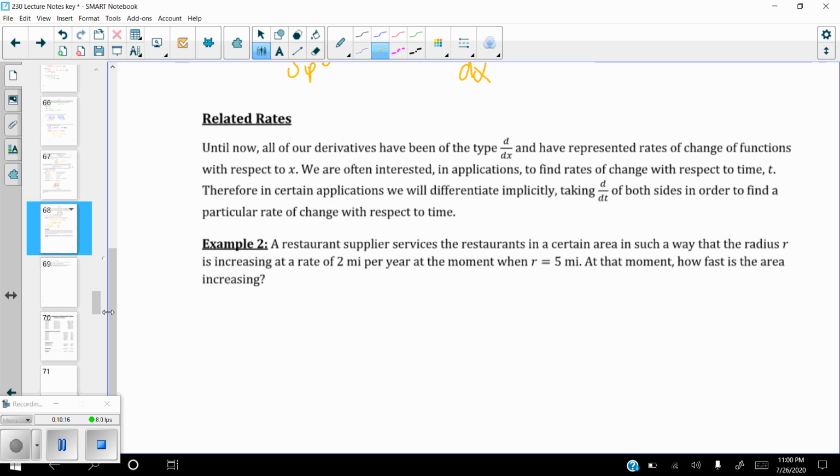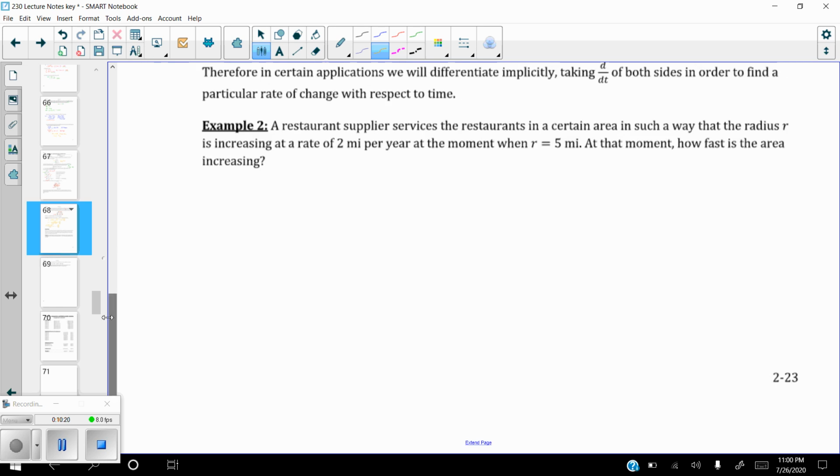So let's go ahead and take a look at an example, and hopefully you can follow this. A restaurant supplier services the restaurants in a certain area in such a way that the radius r is increasing at 2 miles per year at the moment when r equals 5 miles. At that moment, how fast is the area increasing?